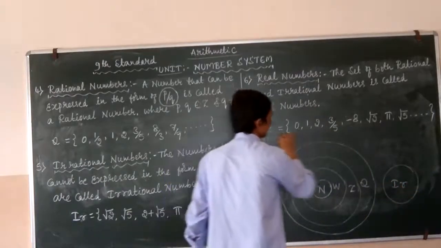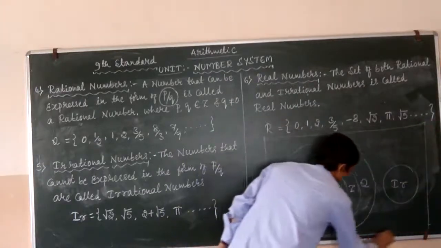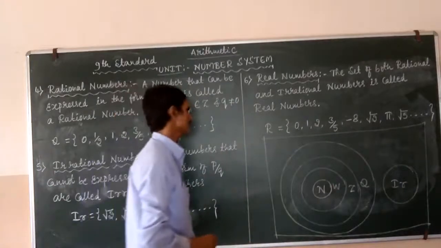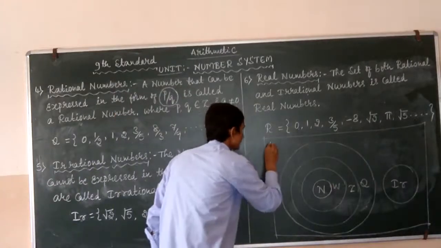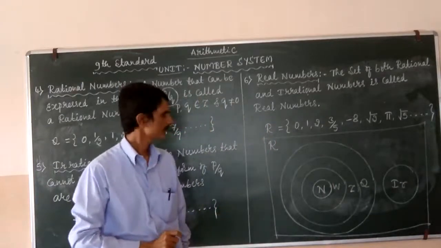This is the relationship between all the types of sets of numbers, within the set of real numbers.